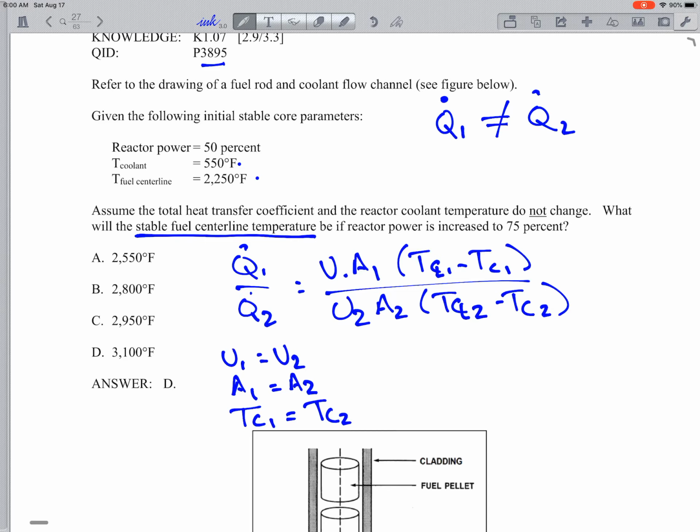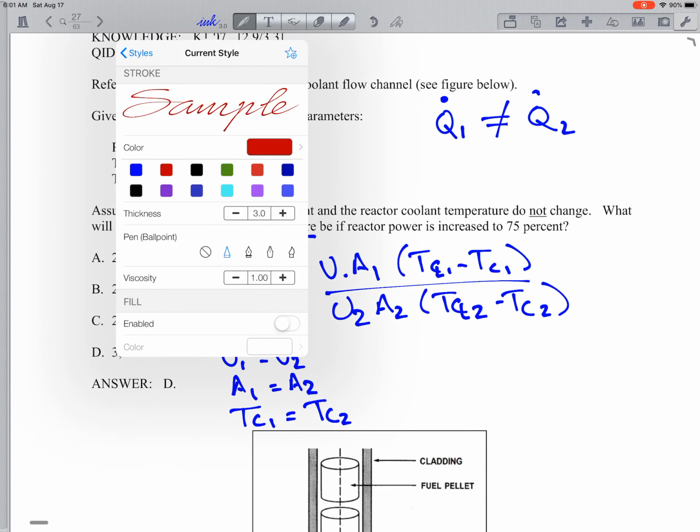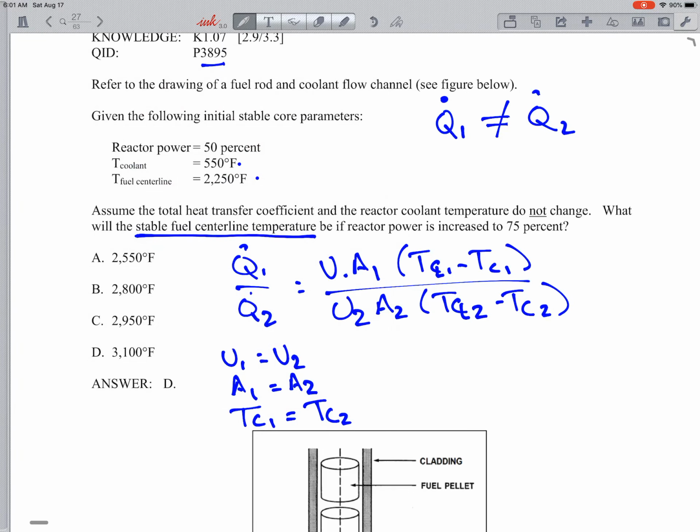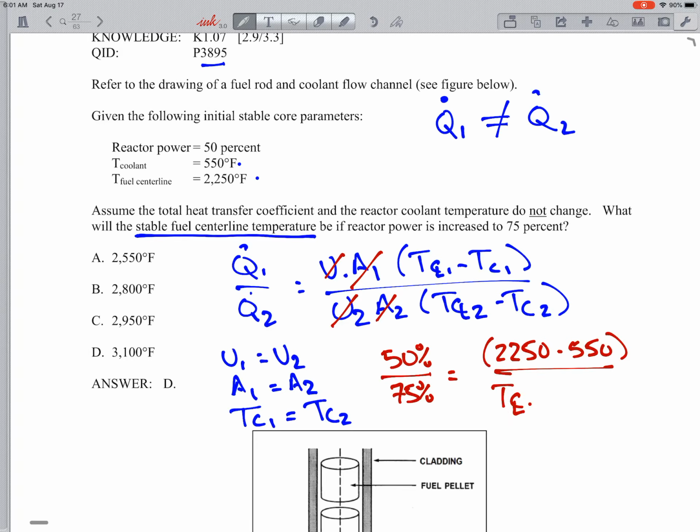Alright, so now a bunch of stuff is going to clear off. So U1, U2, A1, A2, we'll figure that out. So now we say that Q1, 50% over 75%, is equal to 2250 minus 550 divided by temperature centerline 2 minus 550.